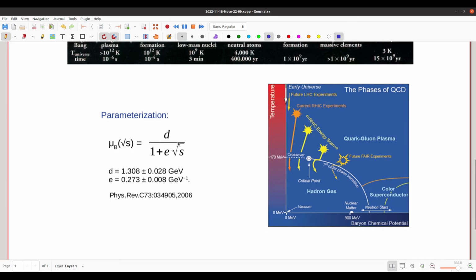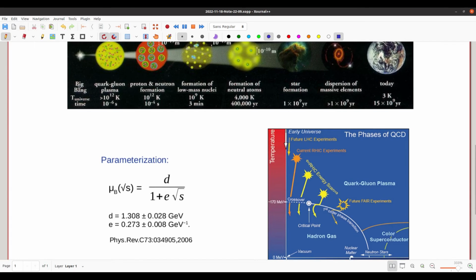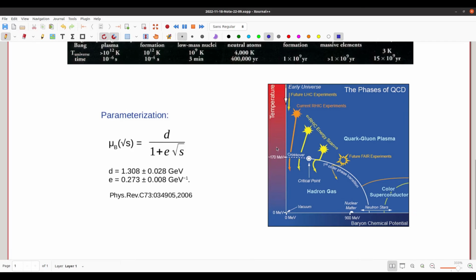If you go to infinite energy, then your mu b is 0. The Big Bang happened basically at a very large energy, because it created the whole universe, so your mu b is exactly 0. This is the situation of the early universe, where mu b is 0.